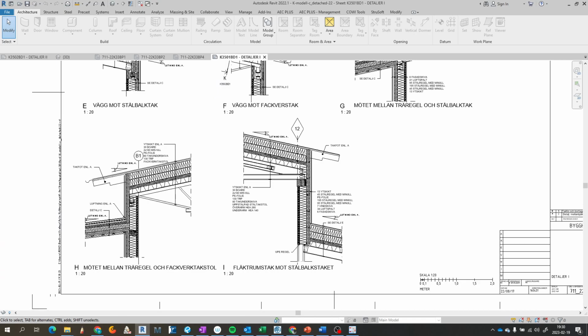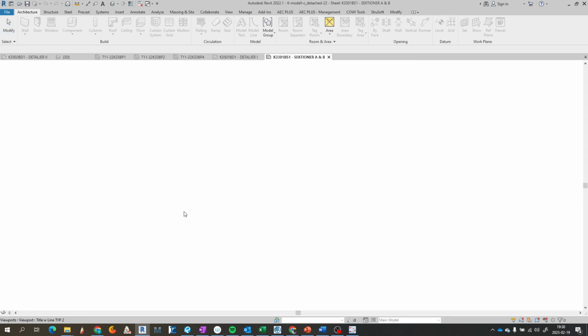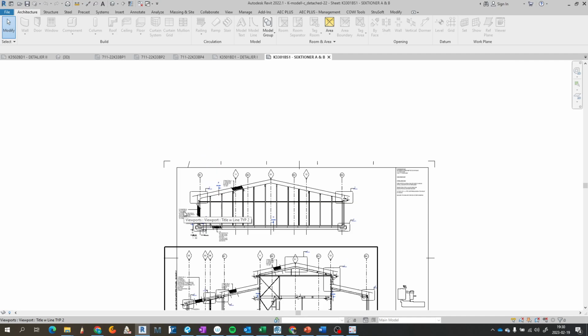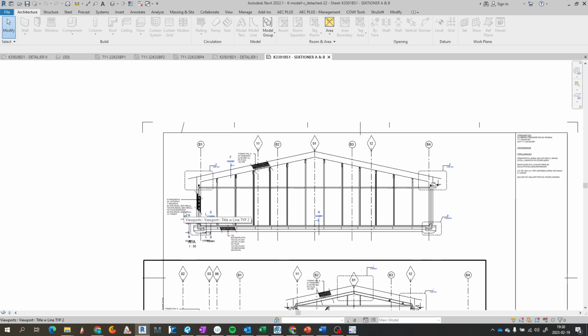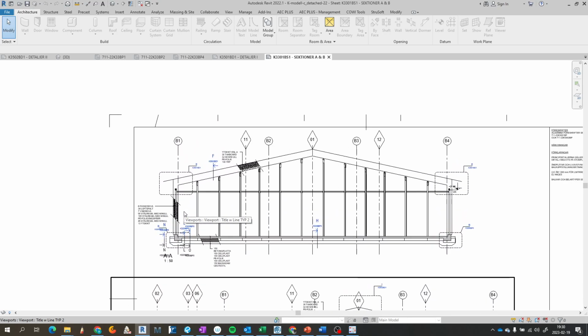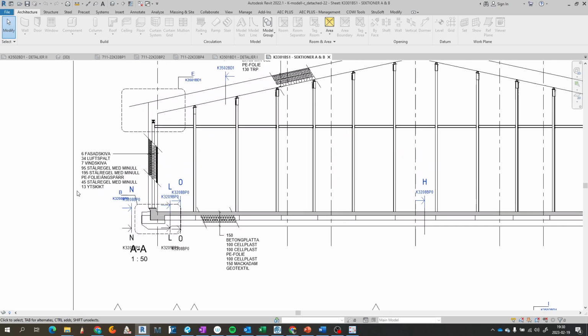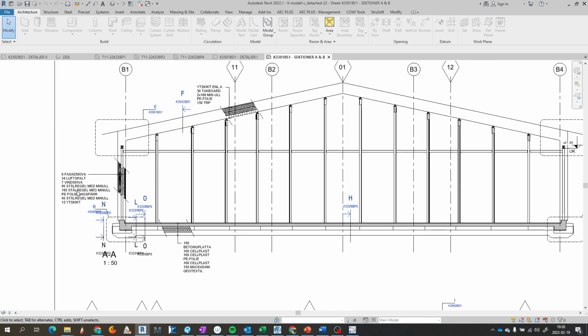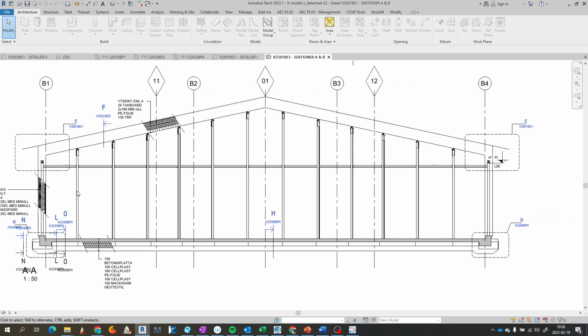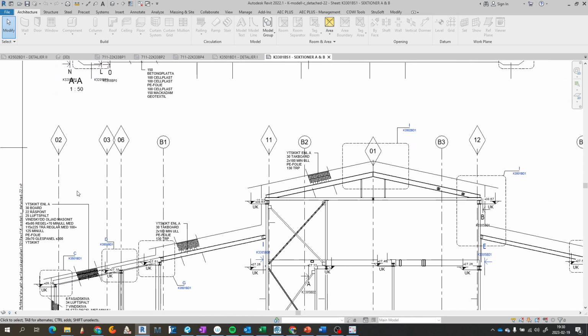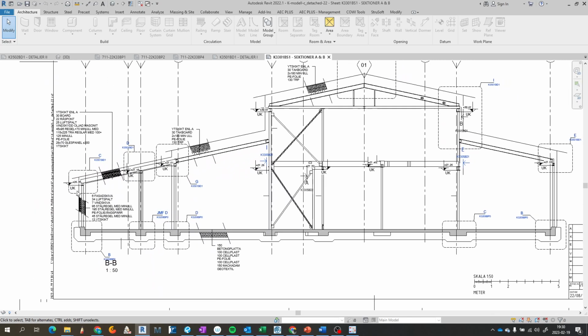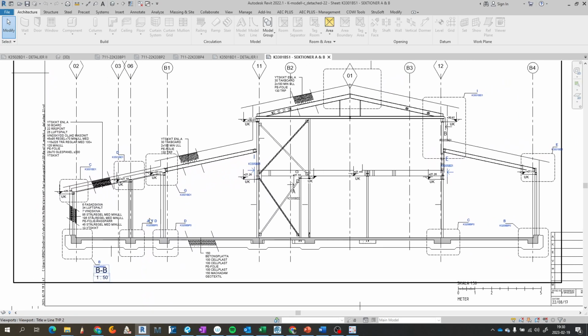If you see, for example, the sections of this building for the south elevation, how you need to consider and how you need to construct this stuff. In the middle of the building, you have the concrete slab on the ground. You have the first floor and the second floor and roof.